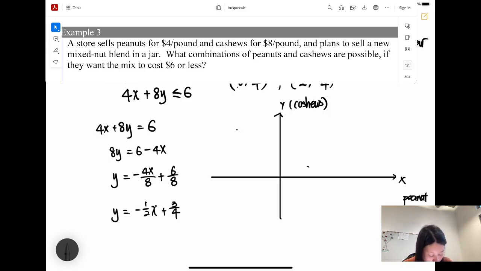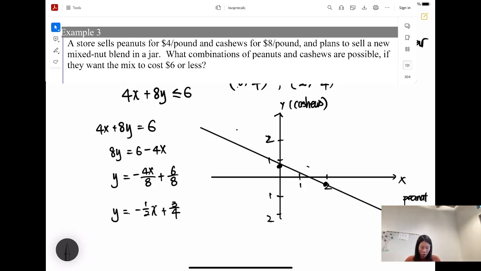I have, let's say, 1, 2, 1, 2, 1, 2. Okay, so I have 0, 3/4, which is here, and then 2, negative 1/4, so it will be here. So the graph is going to look like this one.